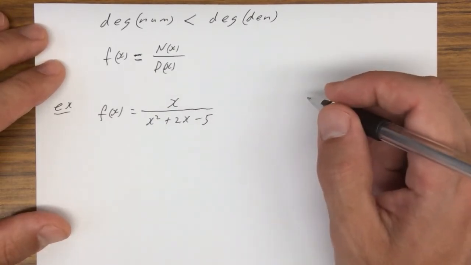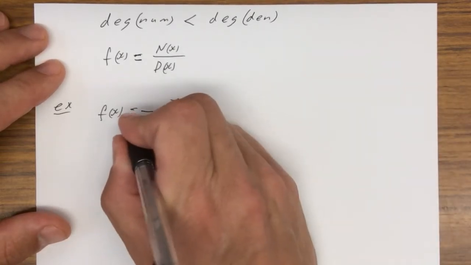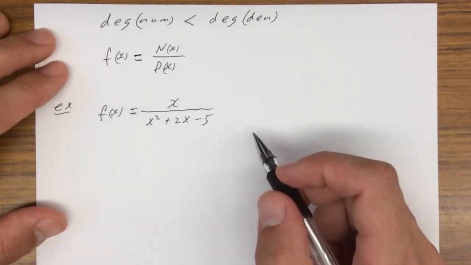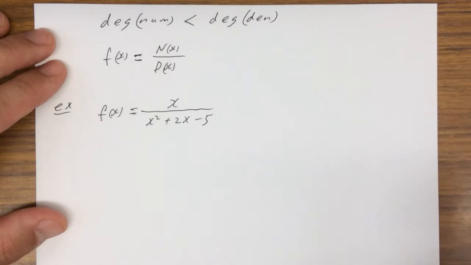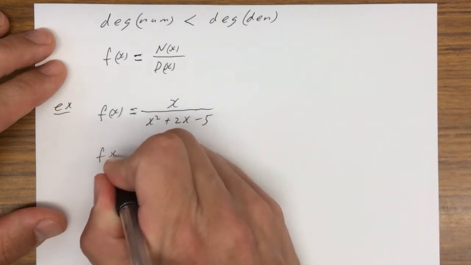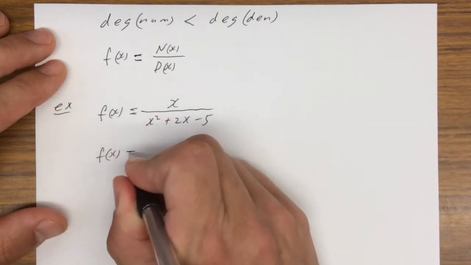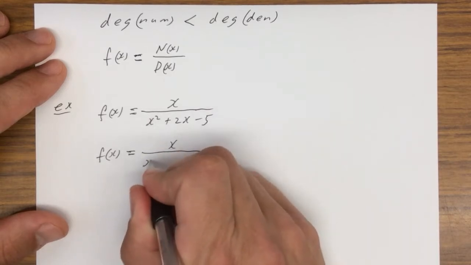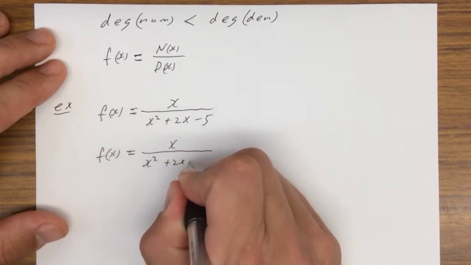Okay, so to analyze when x is really large, close to infinity or negative infinity, we're going to look at f of x in a slightly different form. We're going to multiply the top and bottom by the same thing, so a do-nothing rule.